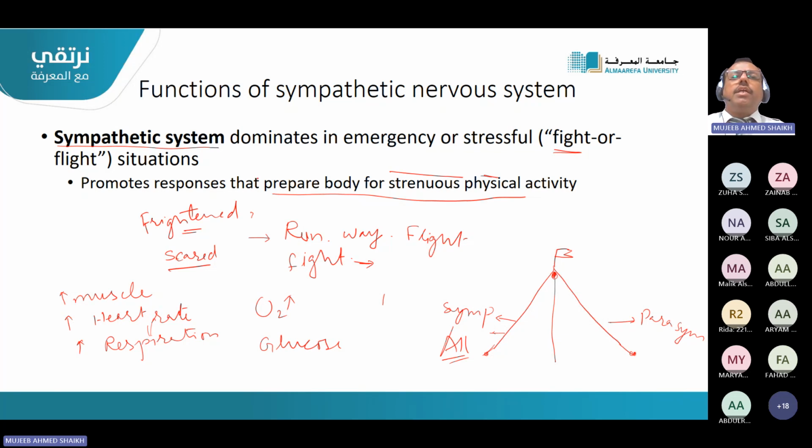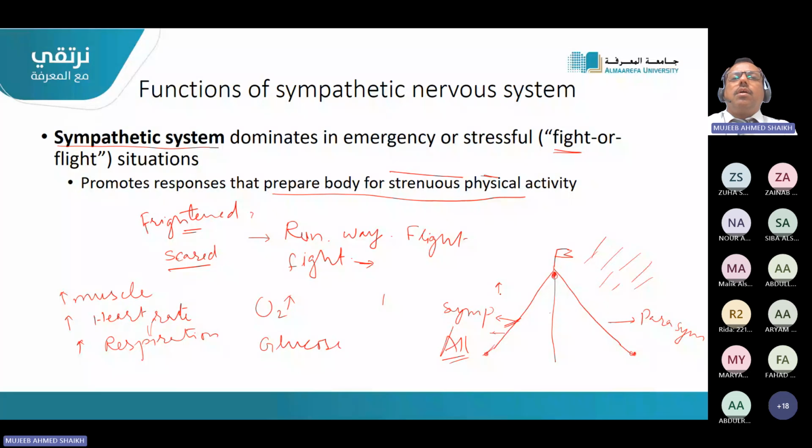During a stressful condition, let's say there is a wind, the tent will go out or maybe be removed from here. So for that purpose, the sympathetic system has to hold it very tightly and keep it erect.